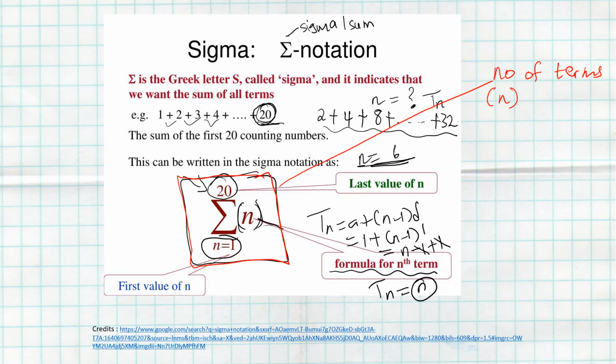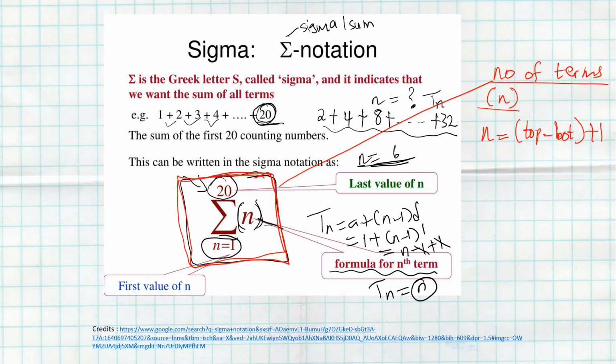If you have your sigma notation and they say determine how many terms were added in this sum, let's use this one as an example. To get the number of terms, we say n equals top minus bottom plus 1. So this is the formula.